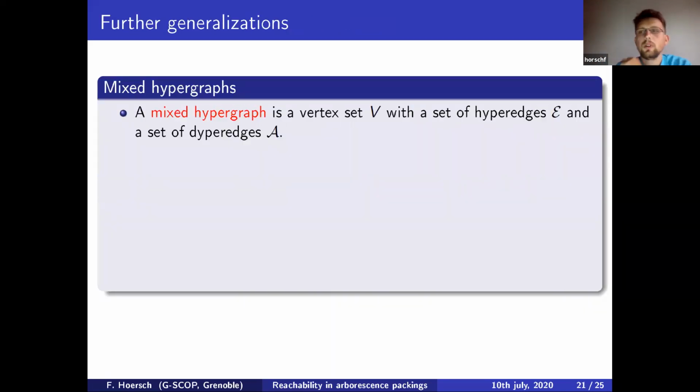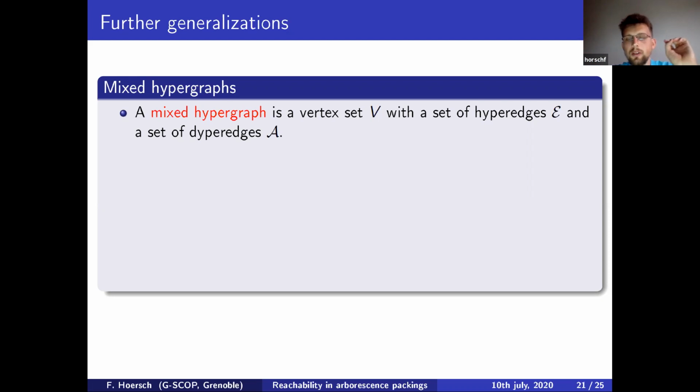And what I still want to show you is how I can even further generalize this. So far we've always been looking at digraphs. But people also started looking at things like mixed graphs and directed hypergraphs. And you can combine all of these concepts. I will not give you the definition for mixed graphs and directed hypergraphs in detail.